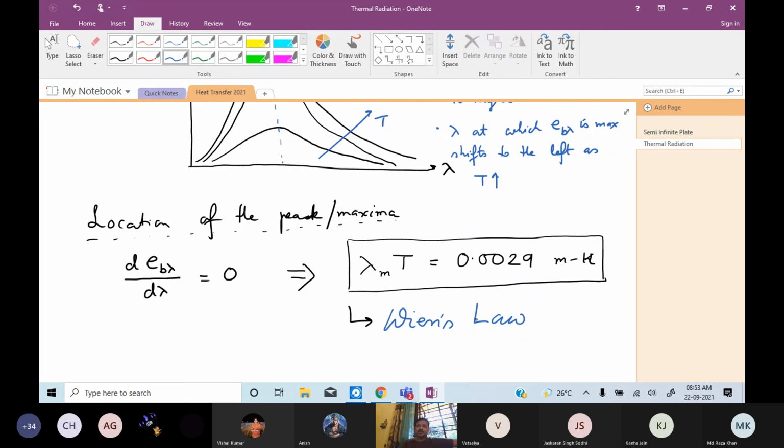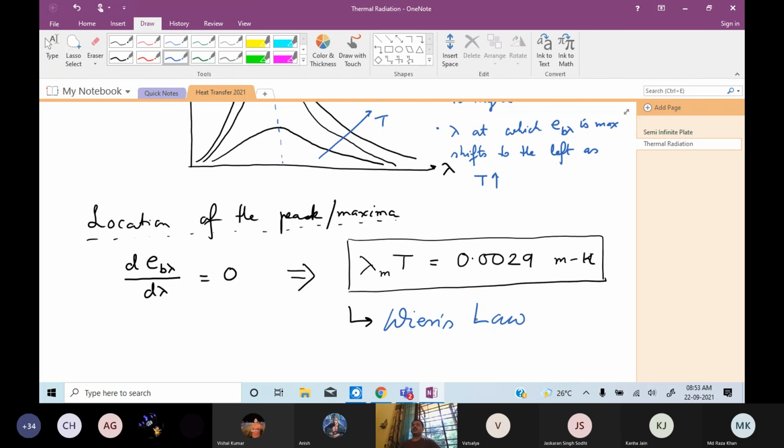I told you that it is possible to come up with engineered surfaces where the emissivity can be tuned for certain ranges of wavelengths. In such a case, it is not the same. So keep that in mind.